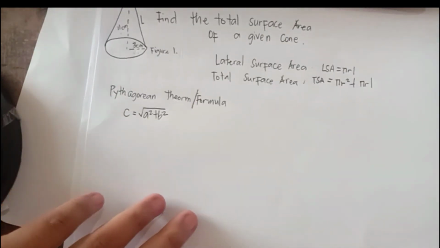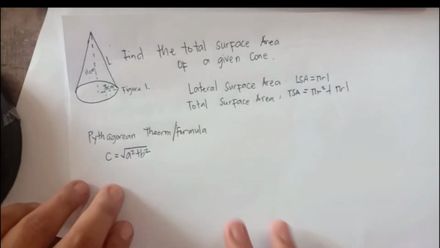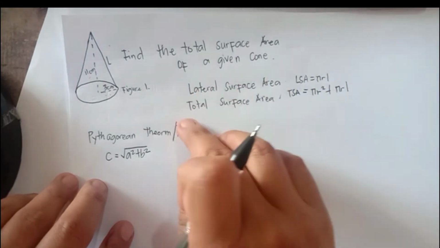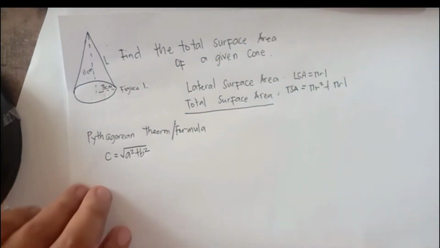So, we have to find the slant height first para makuha natin yung lateral surface area and the total surface area. Okay?